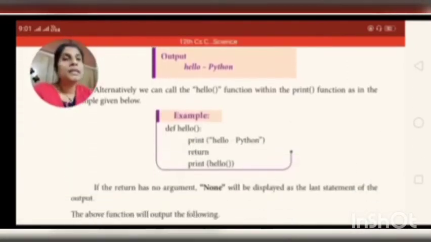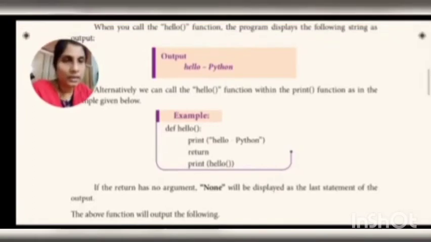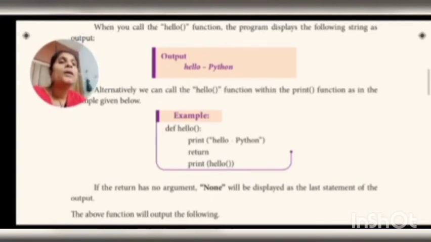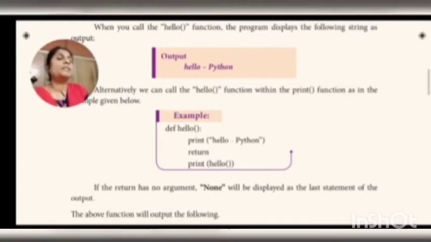Another method is calling a function from within a print statement. So here is another function definition, that is def hello. Using the keyword def, we have created a function, and then we have the print statement, then return statement. So next to that we have a print statement. Within that print statement we have this function call, that is hello. This is a function call. This is given within a print statement.